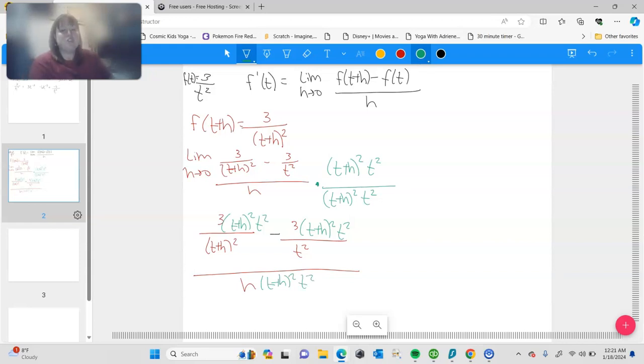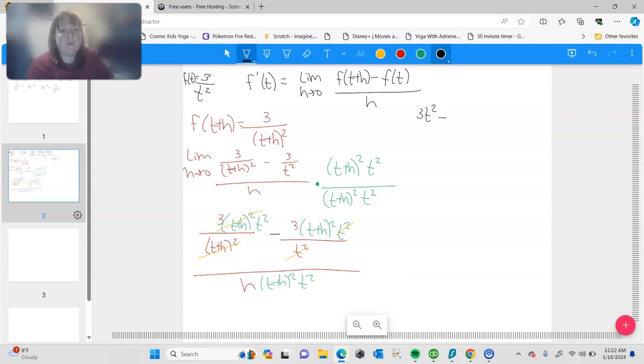Okay, so it looks uglier right now, but what we recognize is I have this on top and this on bottom, and that's what I was hoping for, because now they cancel out because they are the same term. So I can cancel those two out, and I would be left with 3t squared, right? Because there's nothing in the denominator now. And same here, we notice we have a t squared on top and a t squared on bottom, so they cancel out.